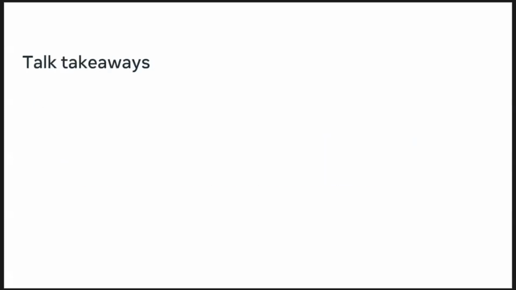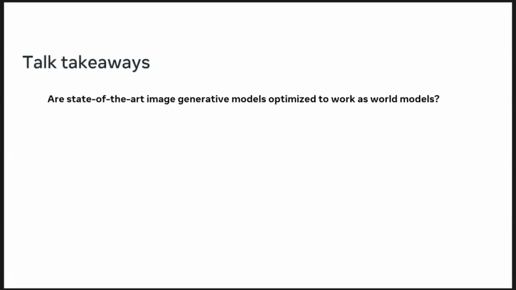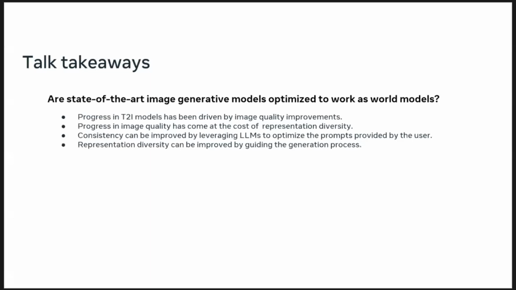Just wrapping up the presentation now, we started with the first question, which was, are state-of-the-art generative models optimized to work as world models? And what we have seen is that through different studies, we have tried to quantify the progress in text-to-image models, and we've seen that this progress has been mainly driven by image quality improvements or image realism.